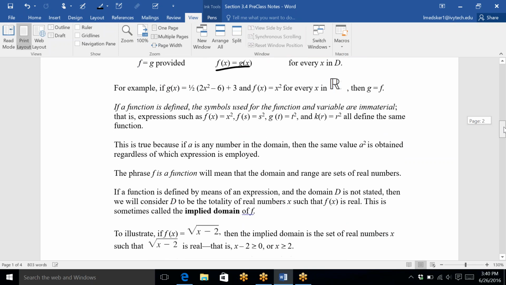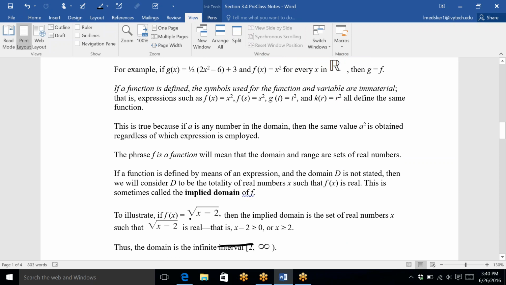There's a lot of things here you can read. An implied domain, we already talked about this in the last pre-notes. If you have a square root involved, then you have to keep our numbers real, not imaginary. So we have to keep what's inside of that radical greater than or equal to 0, so it doesn't have a square root of a negative number.